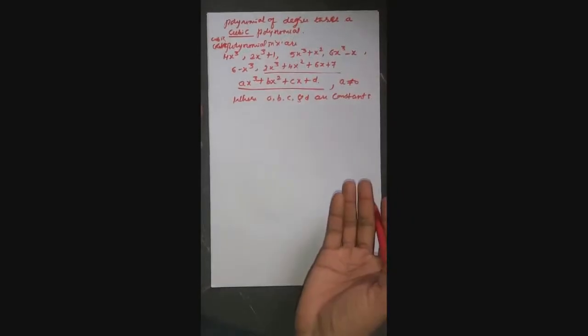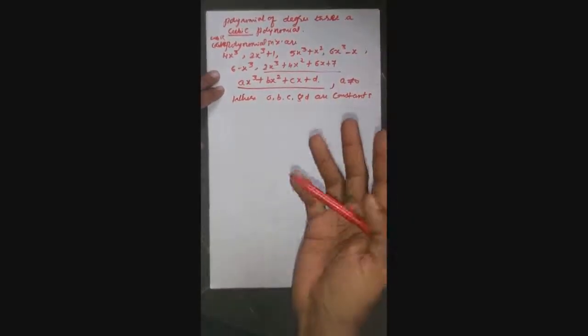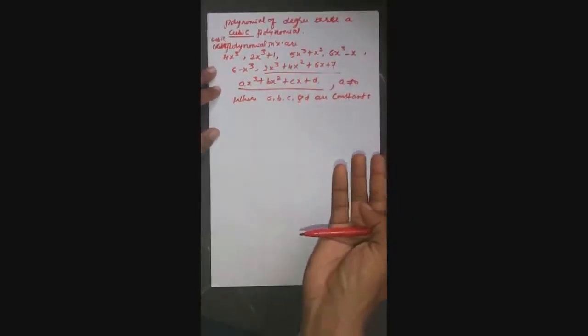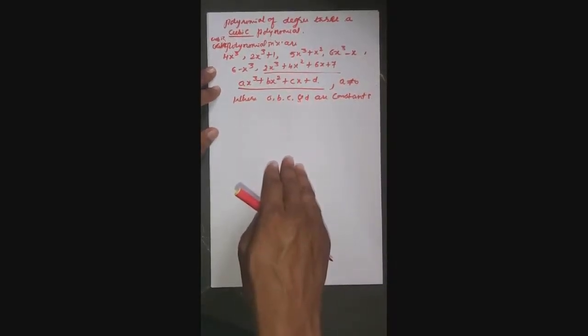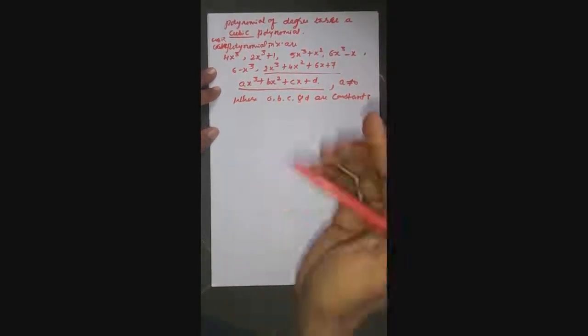Now that we have seen what a polynomial of degree 1, 2 and 3 looks like, can you write down a polynomial in one variable of degree n?